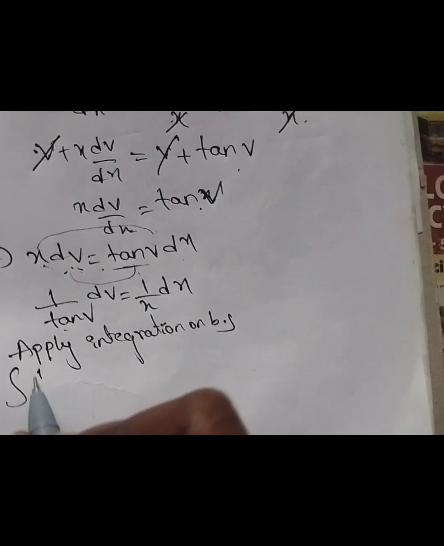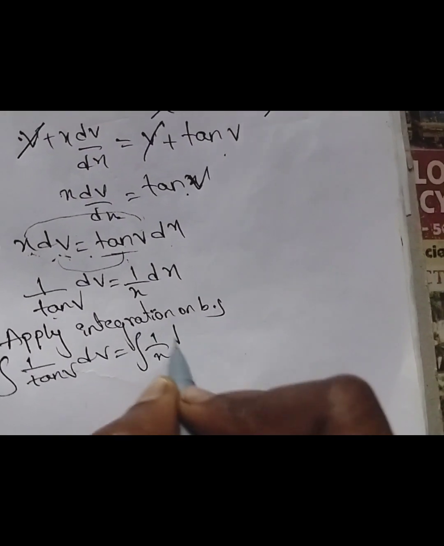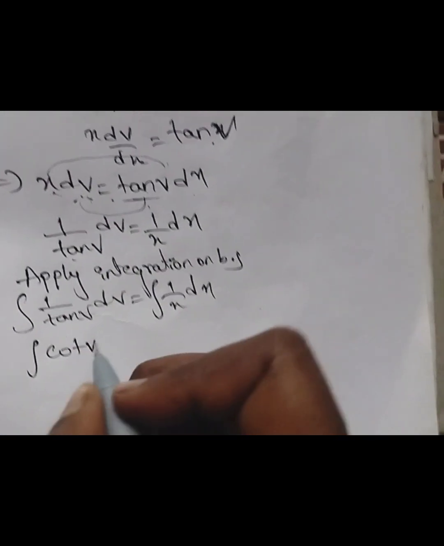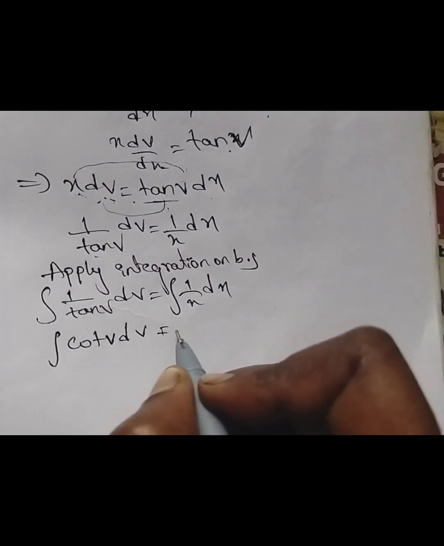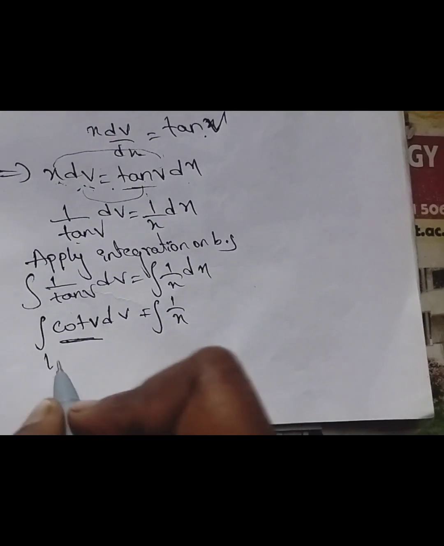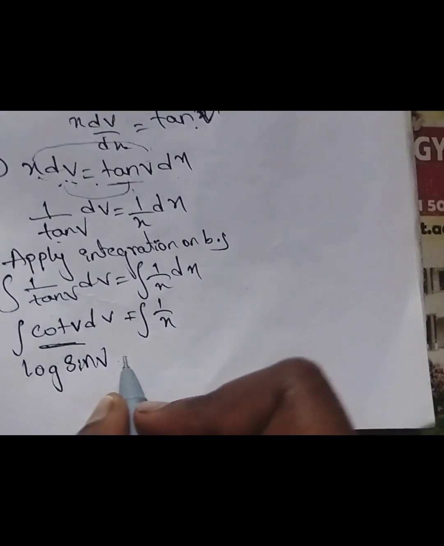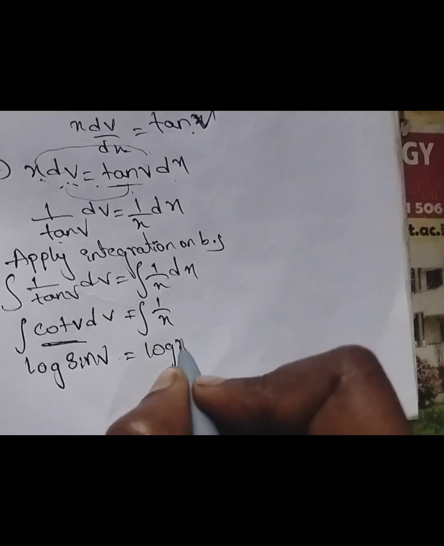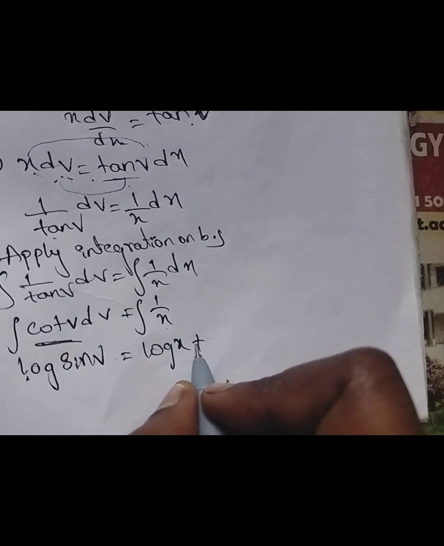So integral 1 by tan v dv equal to integral 1 by x dx. So 1 by tan v, you can directly write cot v dv equal to integral 1 by x. Now integration of cot v is log sin v equal to, and integration of 1 by x is log x plus one constant we need to write, as everything we got is in terms of log.